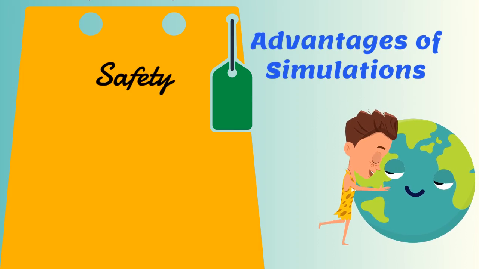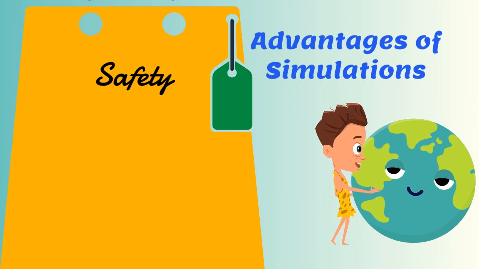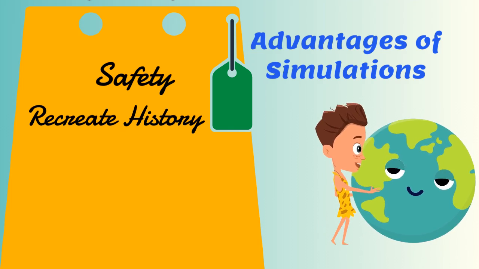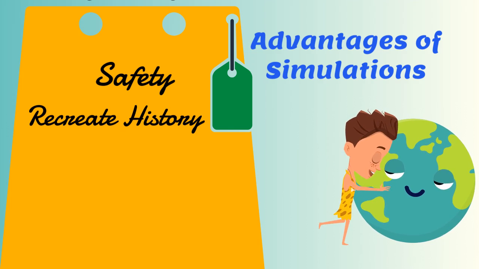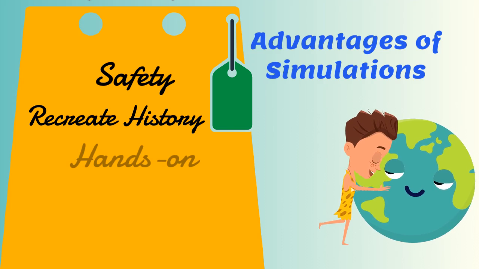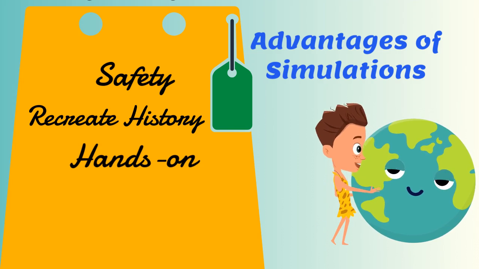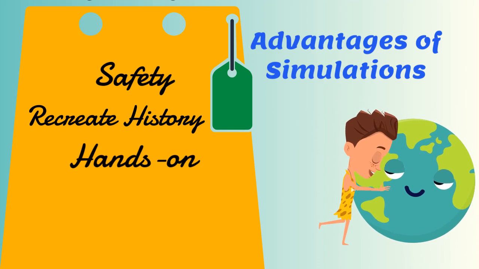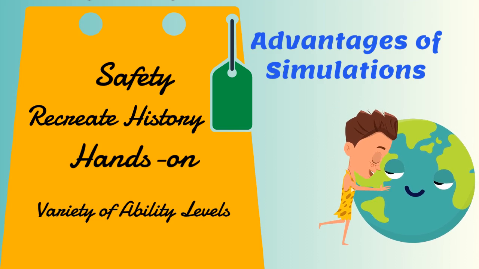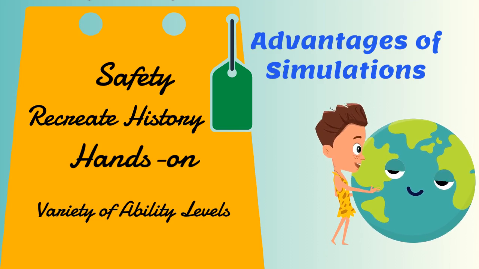Simulation provides a safe way to engage in a learning experience. Recreate history. History is a very boring subject. Maybe the only way to engage students in the situation is to simulate. Hands-on activities. Simulation offers opportunities for hands-on experience. Variety of ability levels. Students of all ability levels can be included in simulation experiences.